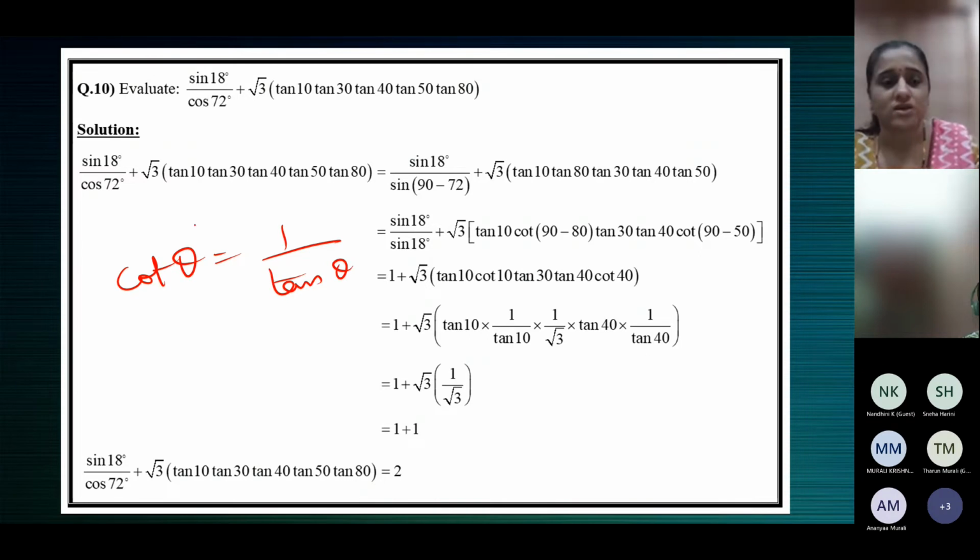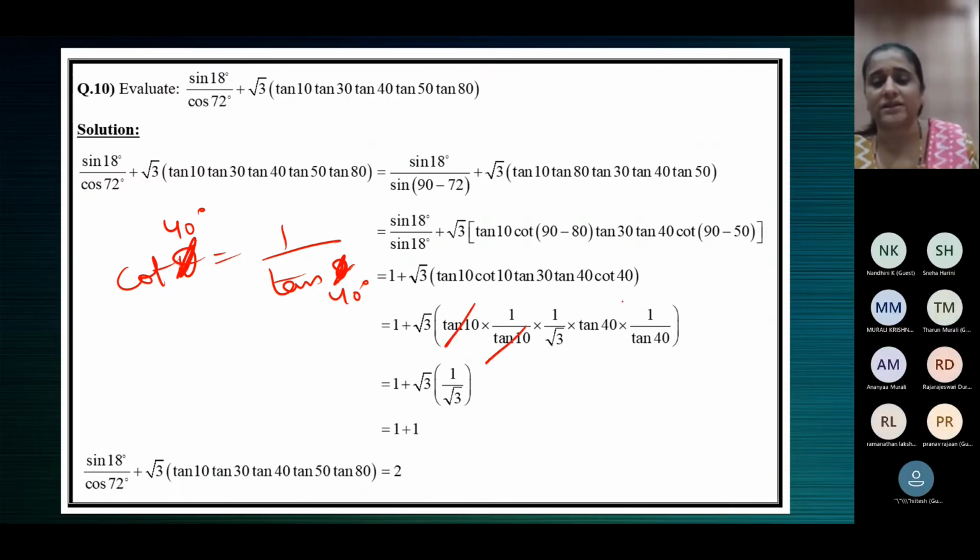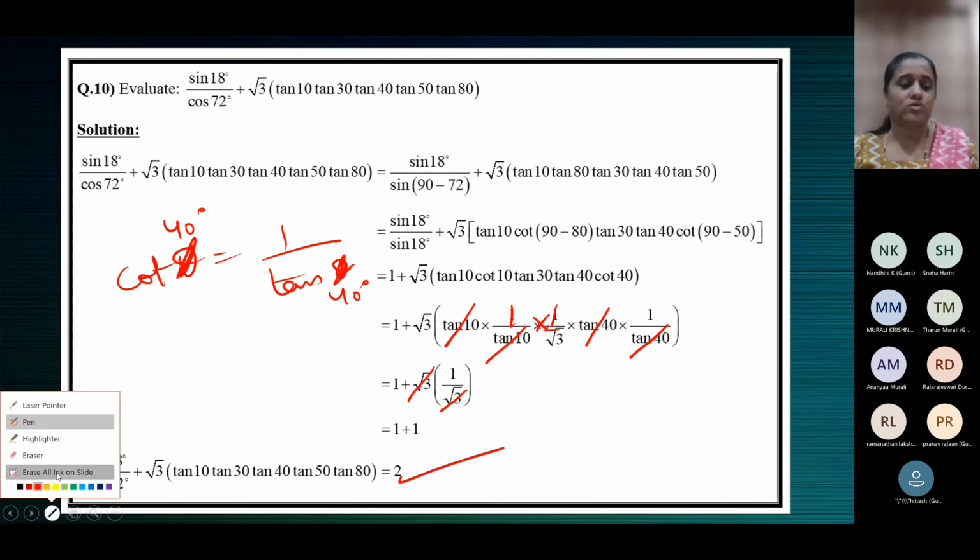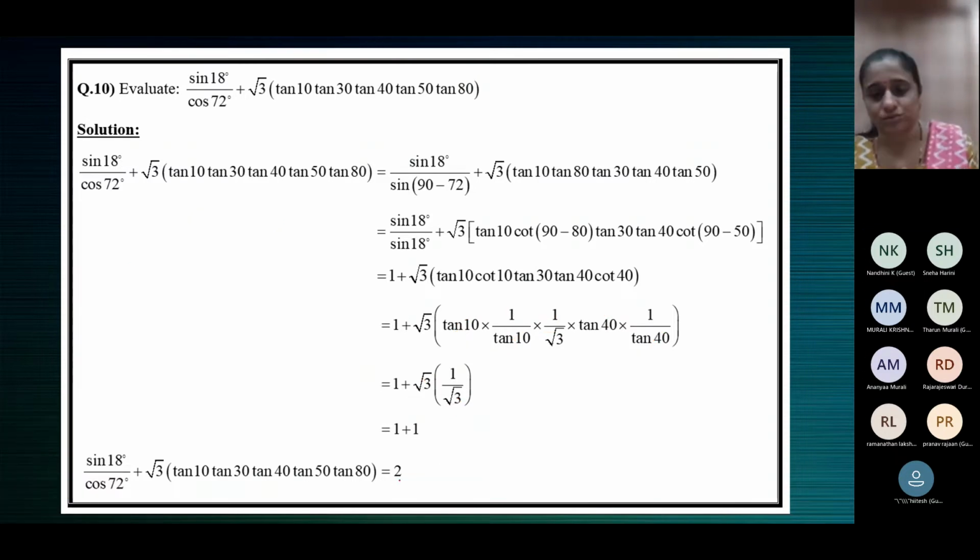So tan 10 cancels. Tan 40 cancels. So you have 1 into 1 by root 3 into 1. So it's 1 by root 3. And here root 3 and root 3 gets cancelled. 1 plus 1, which is 2. So the value of the given expression is 2.